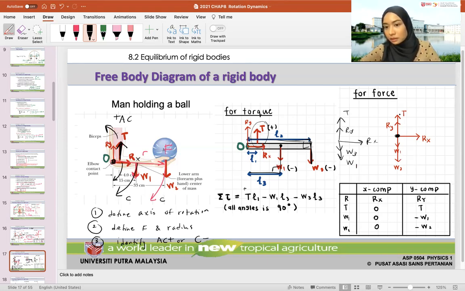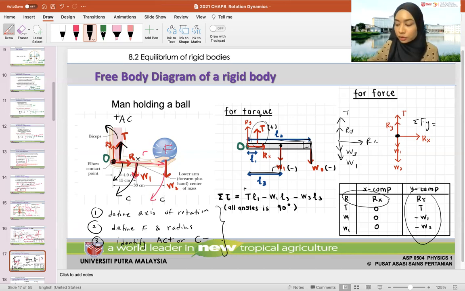Am I missing anything? Okay, same. So it's just like combining everything into one single point. So then you know that your net Fy will be T plus Ry minus W1 minus W2, and your Rx is just Rx. Like this one. Okay. So for the first part, I think it's straightforward. You just have to remember how to do the free body diagram and the equations for torque.